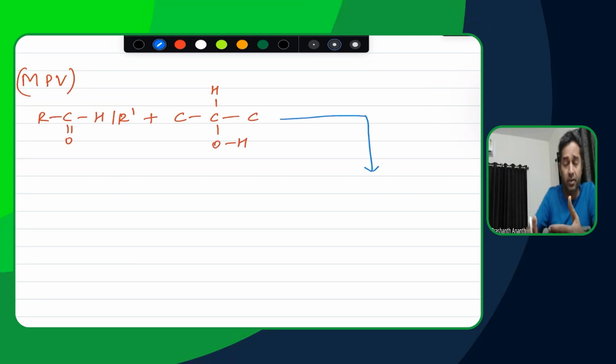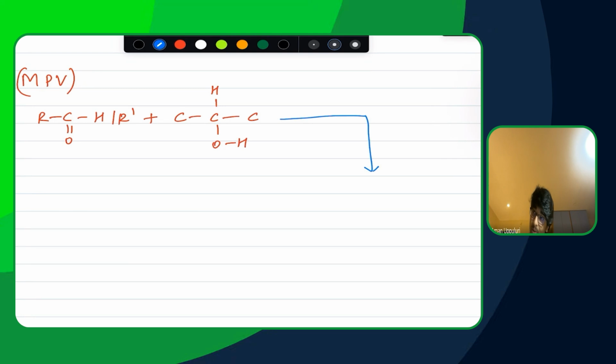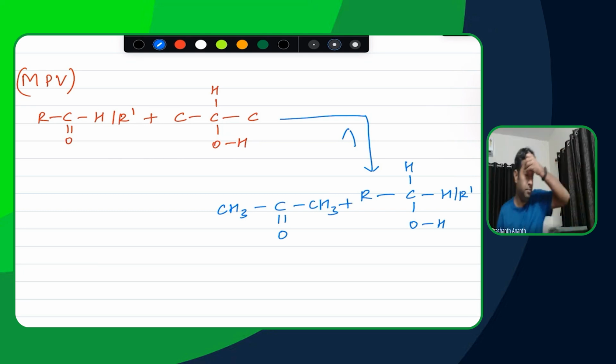RCH, like a secondary alcohol, plus this CH3 C double bond O CH. Yeah, that. Right? Yes, sir, that's it.